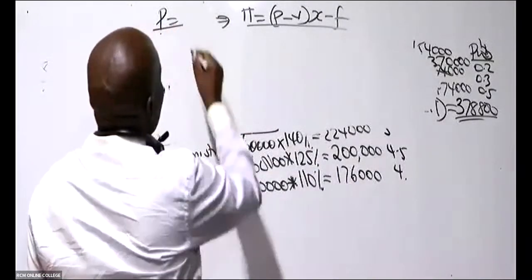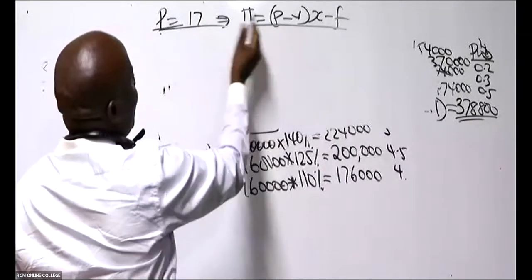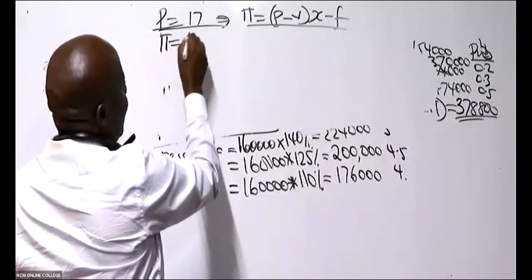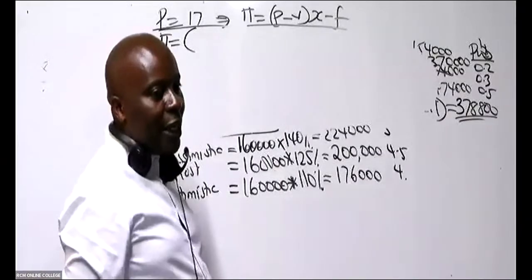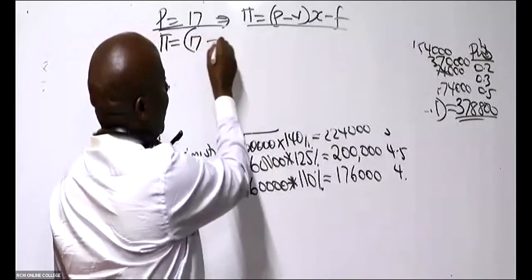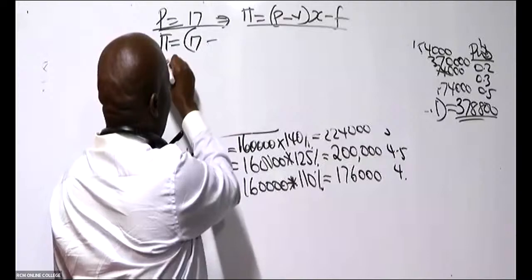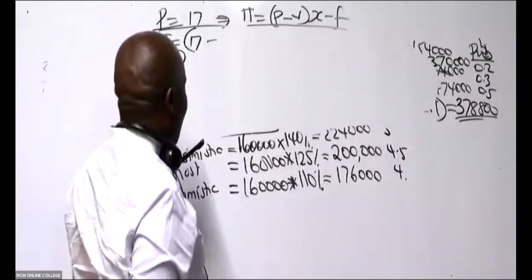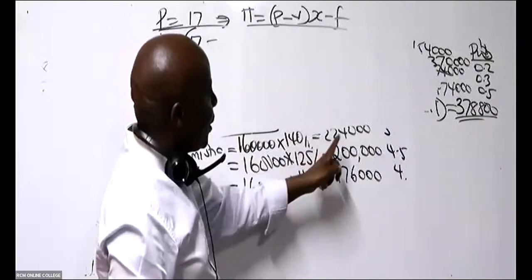If we charge 17 bob, my good students, I'm using this formula. My profit here will be equal to the selling price, of course, 17. We are starting with pessimistic, so 17 minus the pessimistic variable cost, which was 5.